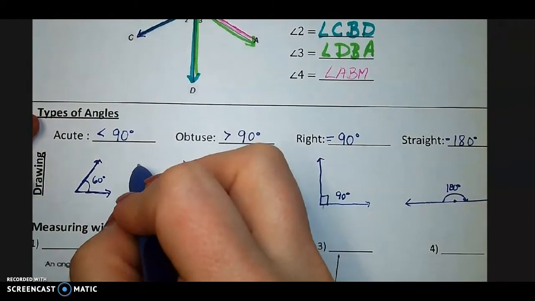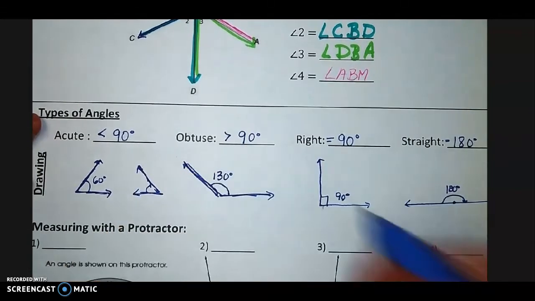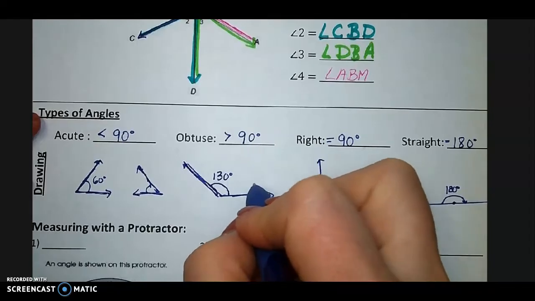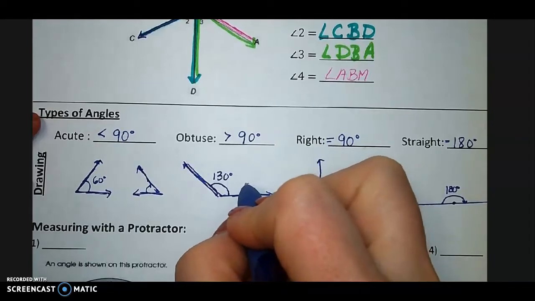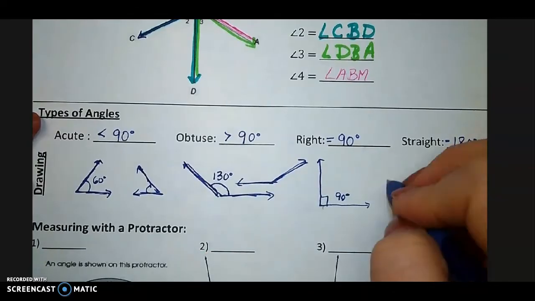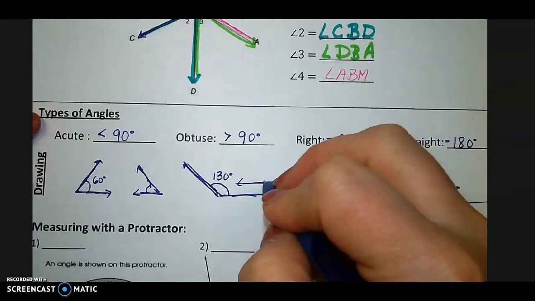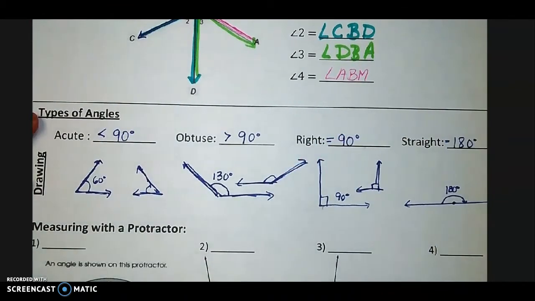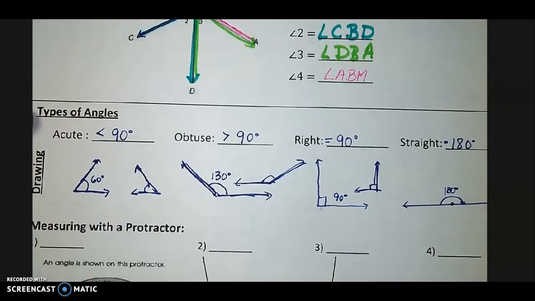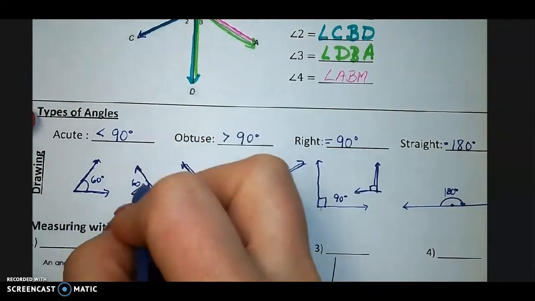Now these can also open the opposite ways. So I want to show what those look like. So if you see these and they're backwards, they still work. Obviously 180 is just 180, there's a straight line. But if you see these and they're backwards, they still work the same way.